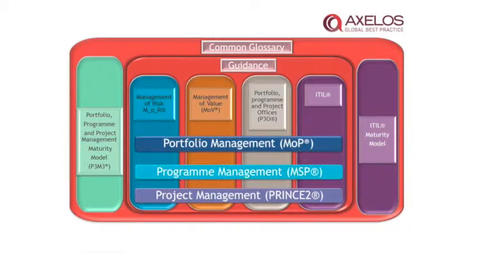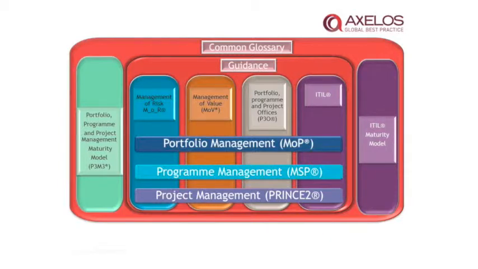And lastly, of course, on the vertical side, we've got ITIL. This is service management and often is the interface between projects delivering outputs and business as usual in putting those outputs into operation, particularly in the IT environment.